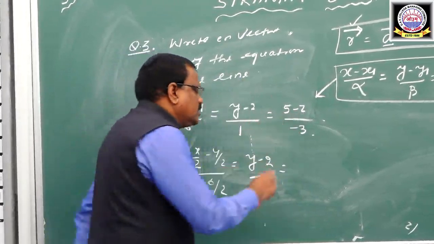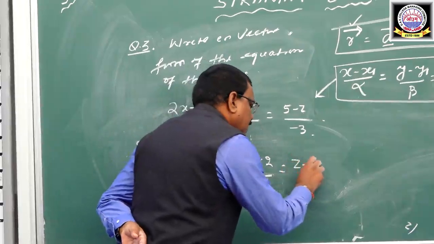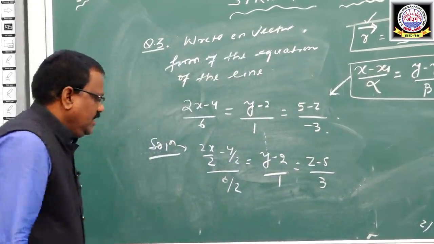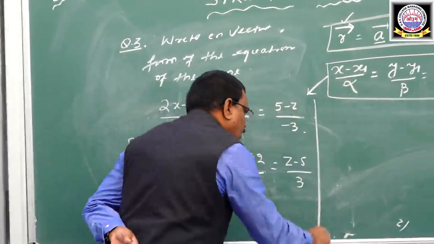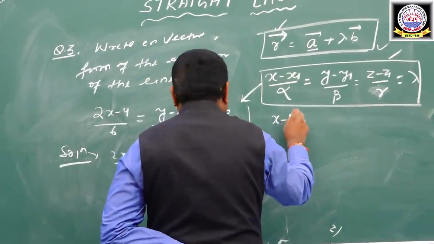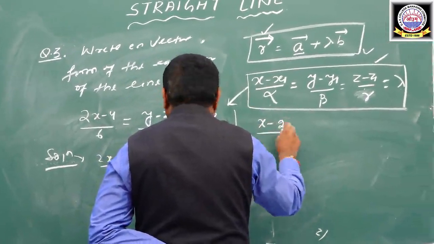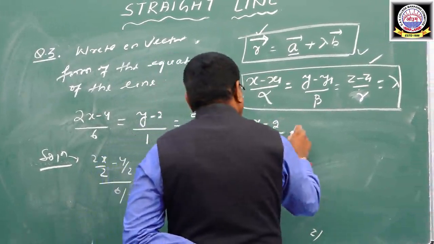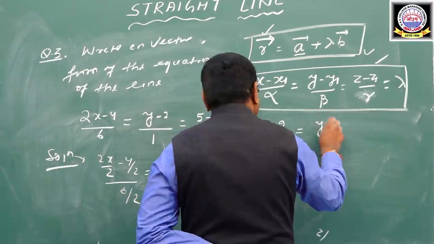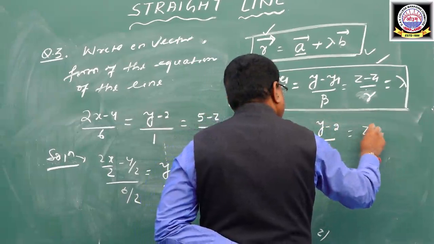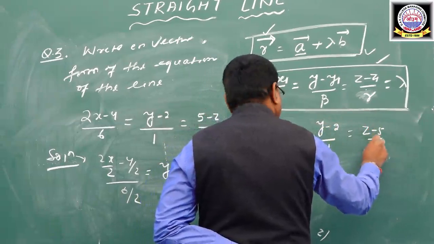So I will take the minus common. So z minus 5 by plus 3. Now the equation is converted, 2 cancels. So x minus 2 by 6 by 2 is coming 3 is equal to y minus 2 by 1 is equal to z minus 5 by 3.